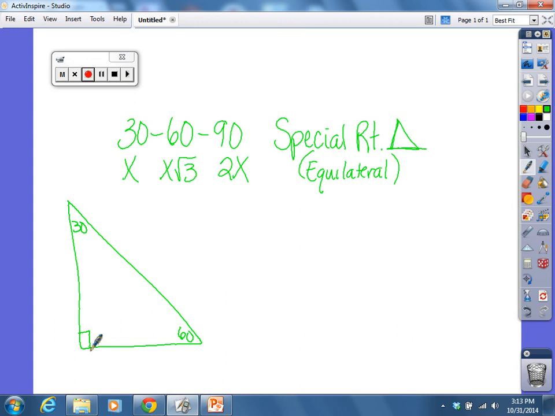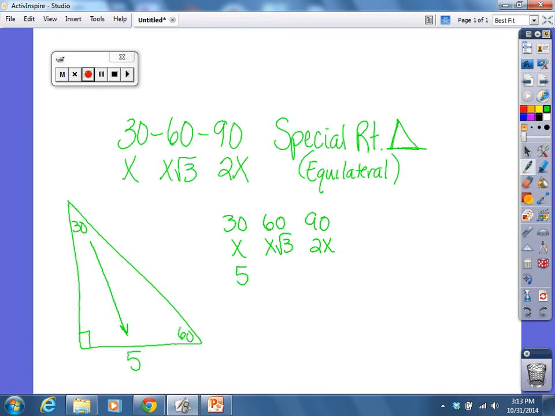And I want to know, maybe I'm given that this leg, the short leg, is 5. So that means I'm going to take my formula, 30, 60, 90. I'm going to plug in the actual formulas that go to that spot, those angles. And since I was given the 30, that 5 is across from the 30, or opposite the 30. That's where I'm going to put it, underneath the 30.